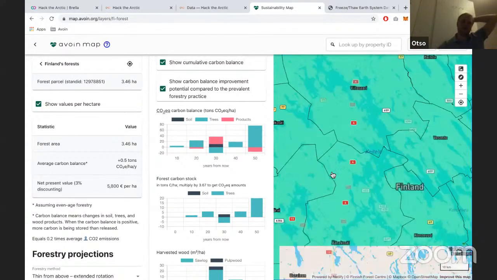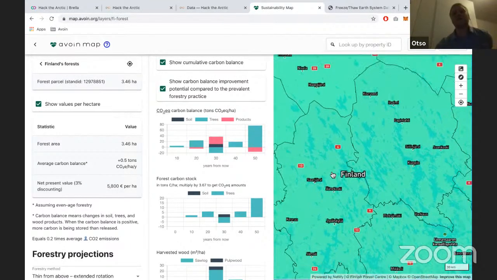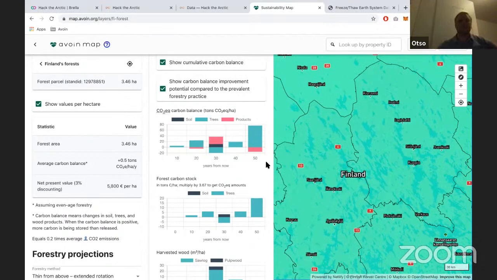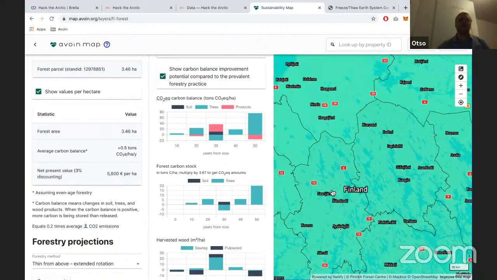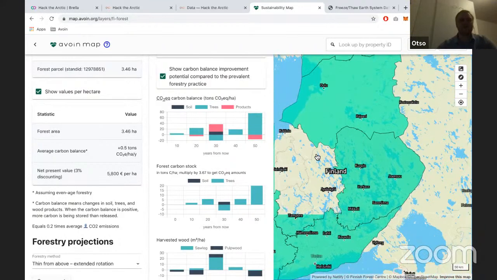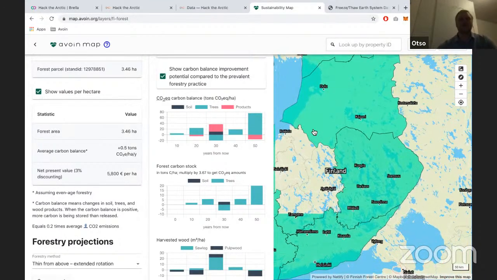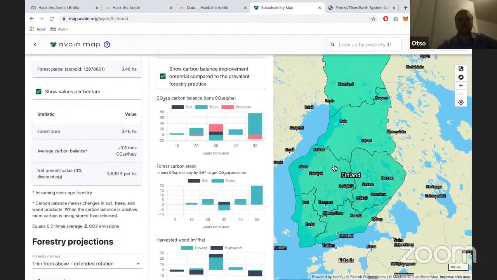It will definitely have a price in the future, because if we want to save the planet, we have to do that. We have to protect the forests better and be more smart how we manage them, because the carbon has a value already. And I'll tell you a bit how the satellite data analysis would work in this case.